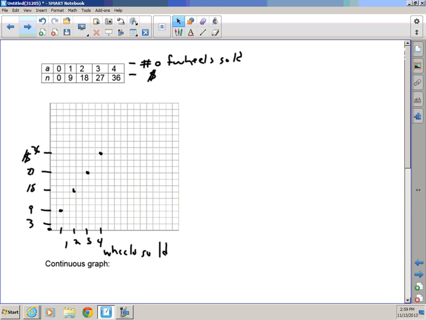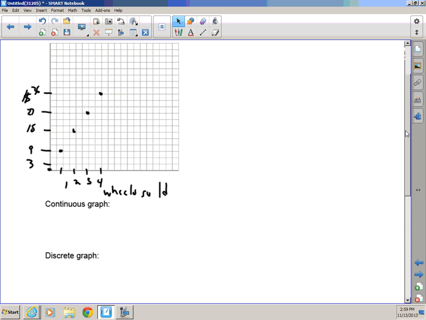Now, the difference is I'm not going to connect the dots because what I have here is what's called a discrete graph, meaning I can't sell parts of a wheel. They can only be sold in whole units. And you might remember this from other examples we've done where, let's say it's shoveling sidewalks. I don't shovel parts of sidewalks.